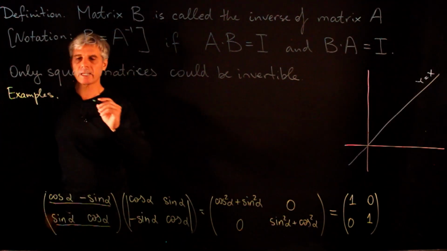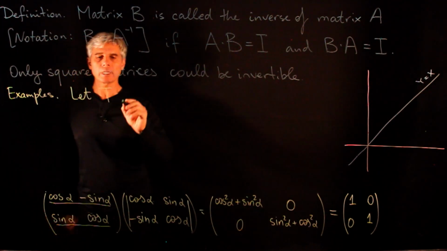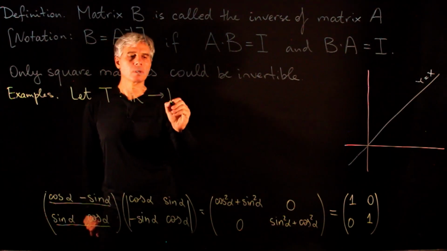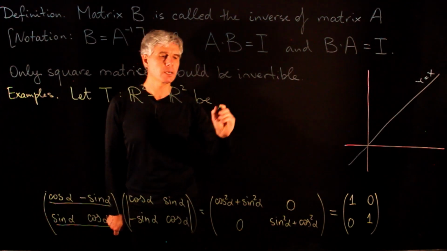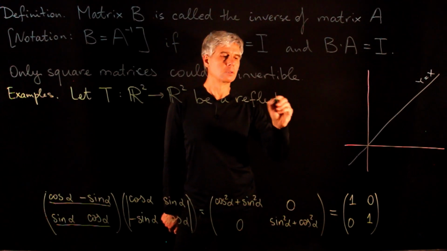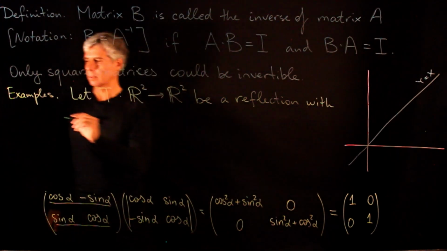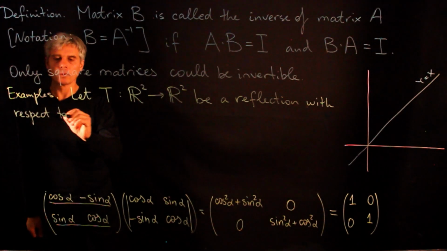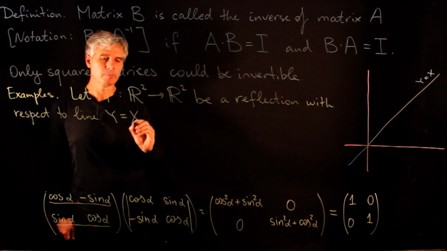For our next example, let us take a transformation T from R2 to R2, which is a reflection with respect to the line y is equal to x.